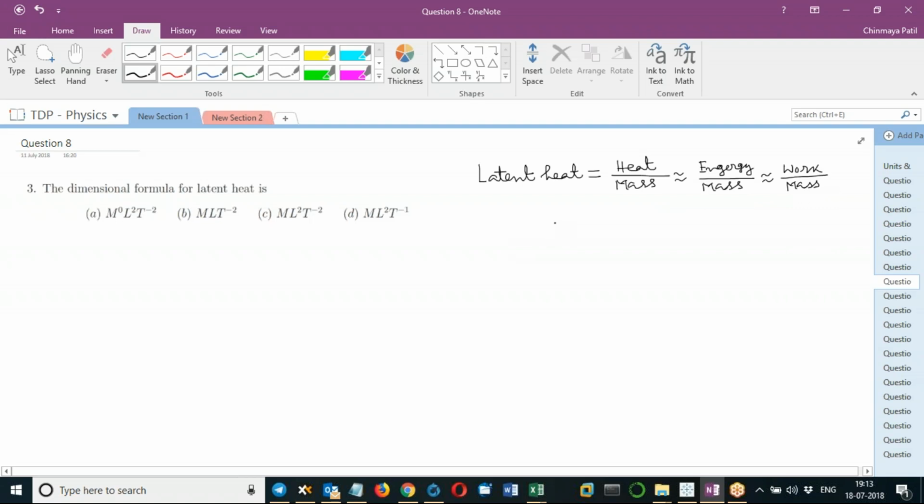So what we see is that the dimensional formula of latent heat is going to be the dimensional formula of work by mass.